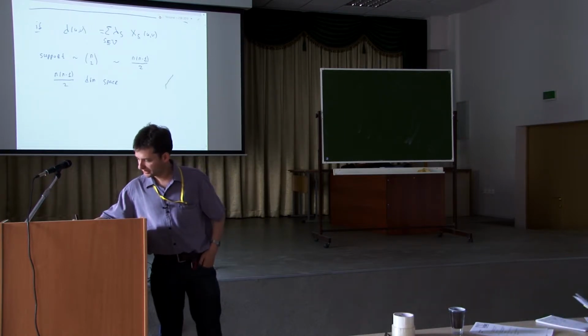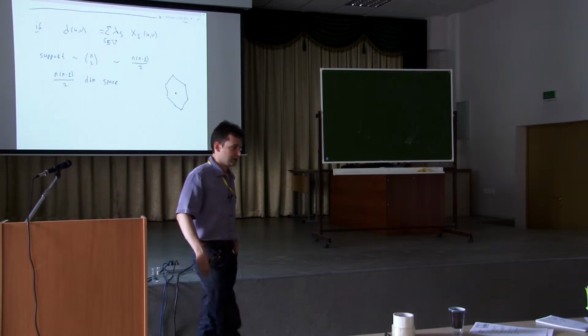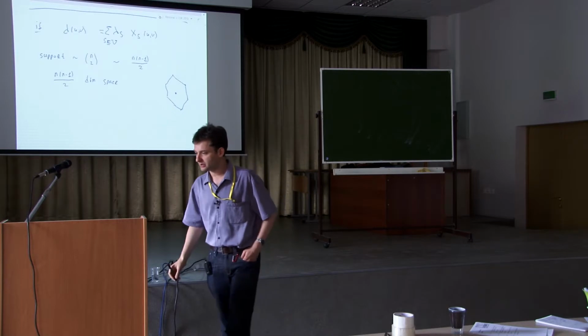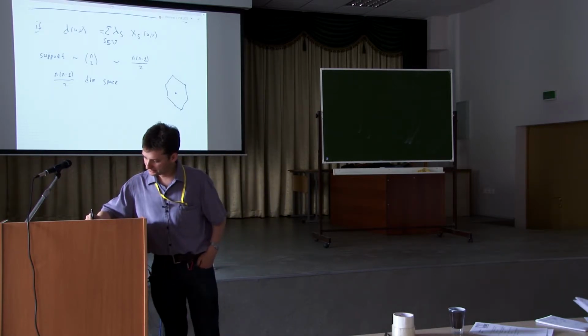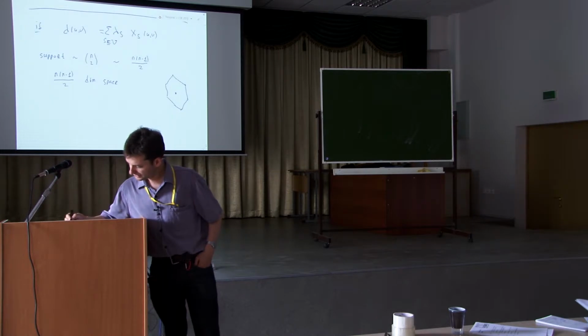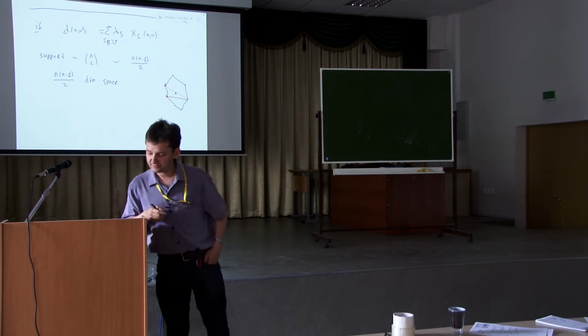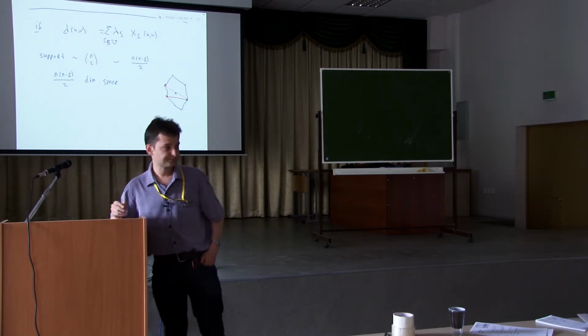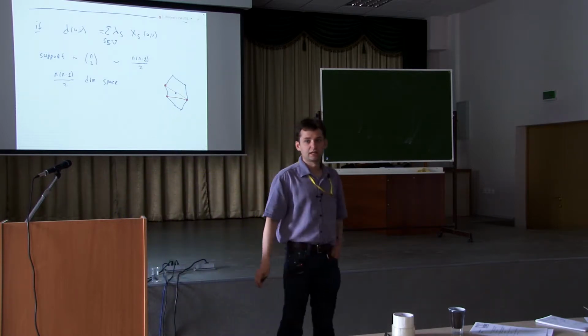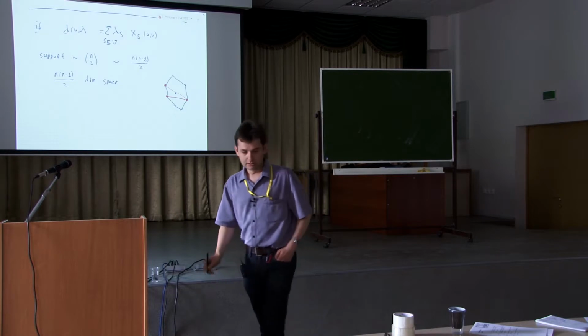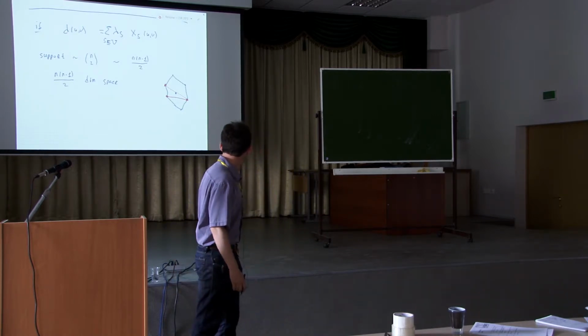So in two dimensions, if you have some polytope and a point inside, we can always find 3 points, for example, say these 3 guys, and the point is inside this triangle as well. And this is a convex combination of these 3 vertices. Okay? Any questions?